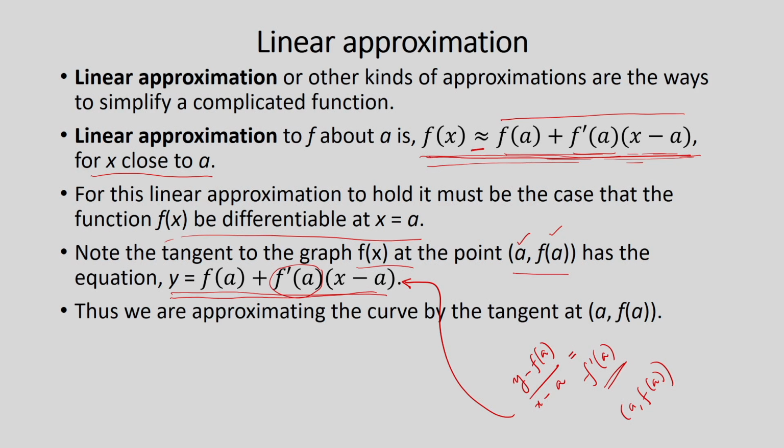So, it is as if the tangent is representing the function close to the point of tangency. Thus, we are approximating the curve by the tangent at a, f of a.